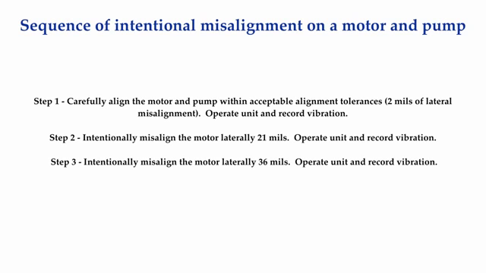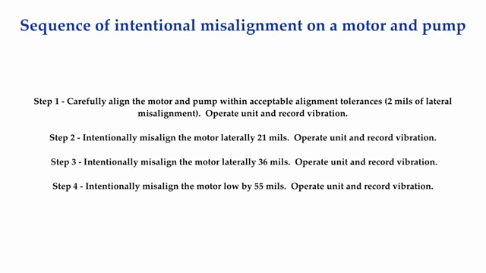I started the pump up, gathered the vibration data, and shut the unit down. I was kind of disappointed that I could only get 36 mils of misalignment, so I decided to misalign the unit vertically also. There were 55 mils of shims under all the feet of the motor, so I took them all out. I started the pump up, gathered the vibration data, and shut the unit down.